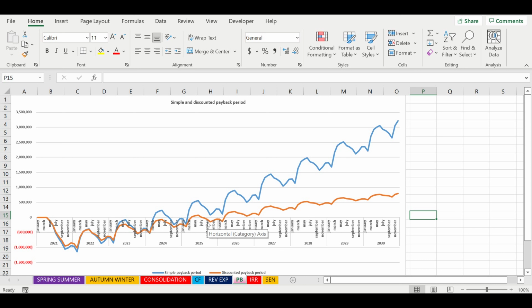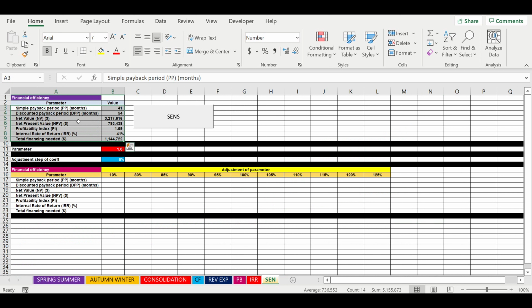Then we have a spreadsheet where you are able to see the financial efficiency, like simple and discounted payback period, net present value, amount of financing that you need, internal rate of return, and here you're able to execute financial stress tests, sensitivity analysis. I will show you how you can do that.